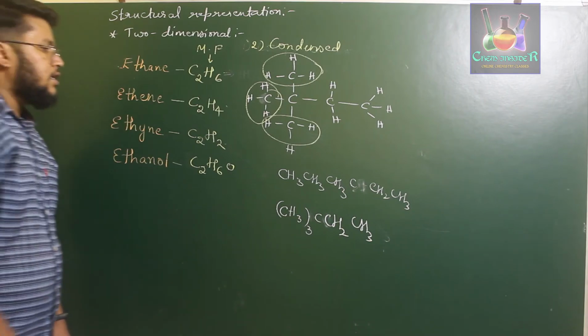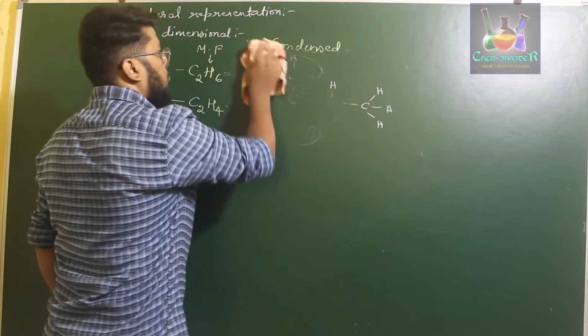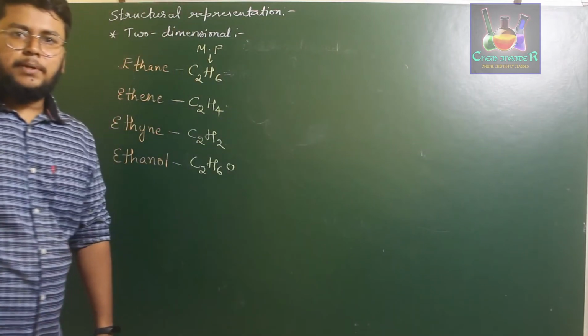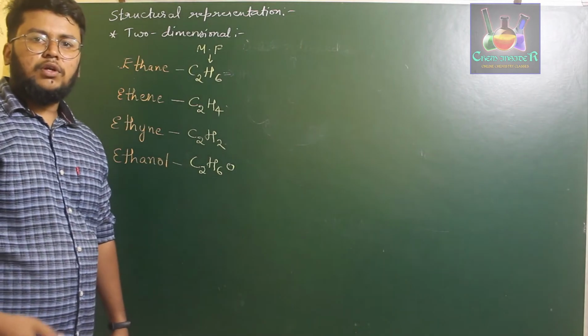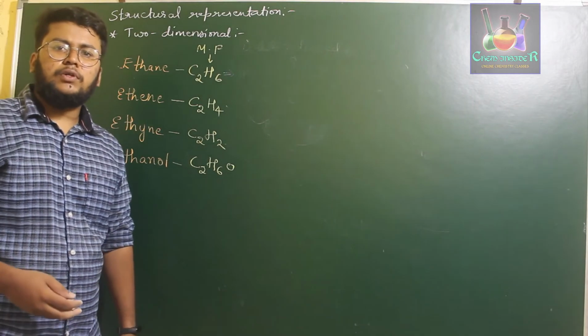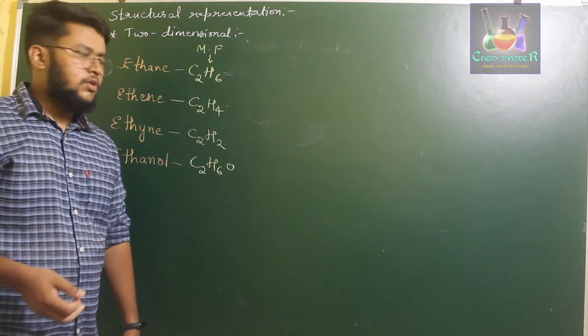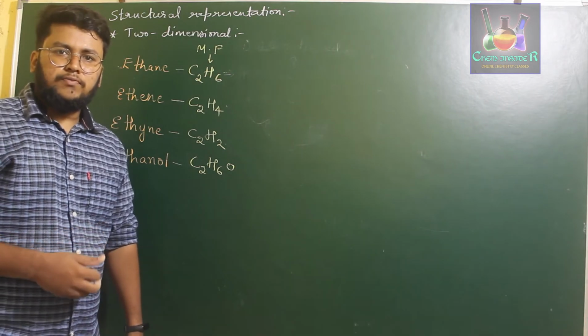Okay. Next is the bond line structure. When you consider smaller organic compounds, the condensed form of representation is quite easy. But if you consider an organic compound which has more than 15 or 20 carbon atoms, then you cannot represent all the carbon atoms in the condensed form.